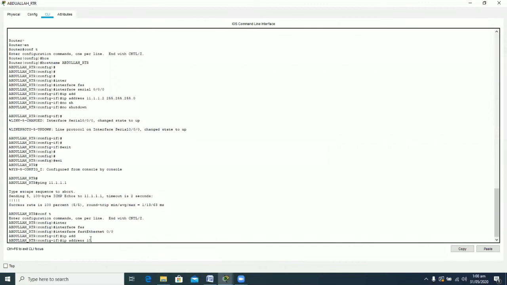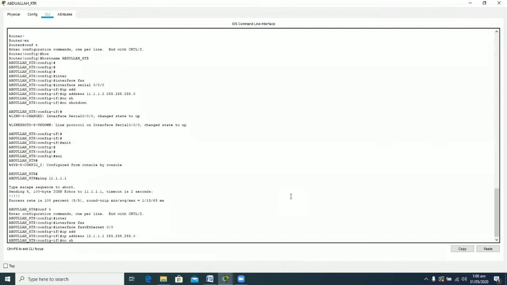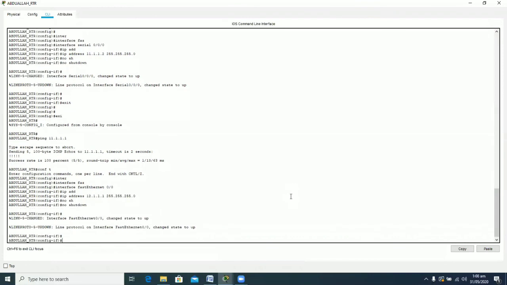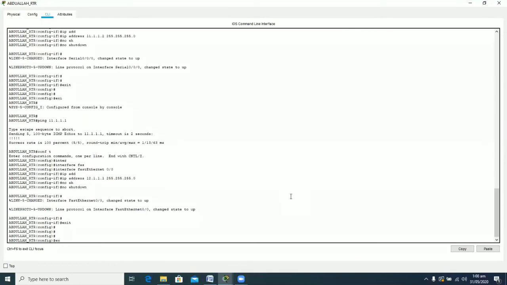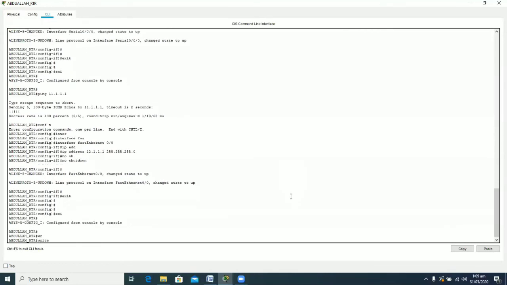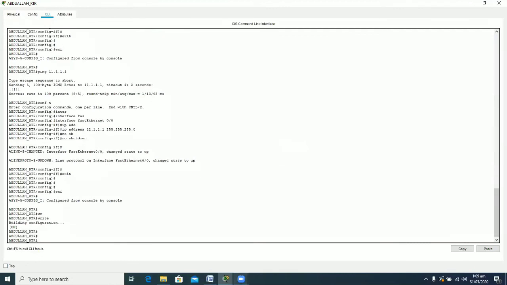That will make your life easy and completing your command in the proper manner. 12.1.1.1, this is the subnet mask 255.255.255.0 and the no shutdown command, and description can also be added at the fast Ethernet interface also. That is up to you totally. Exiting from here, exiting again, and simply writing the write command to save our configuration.